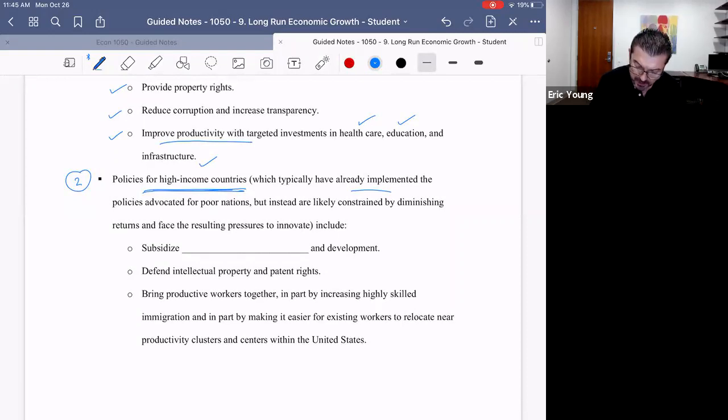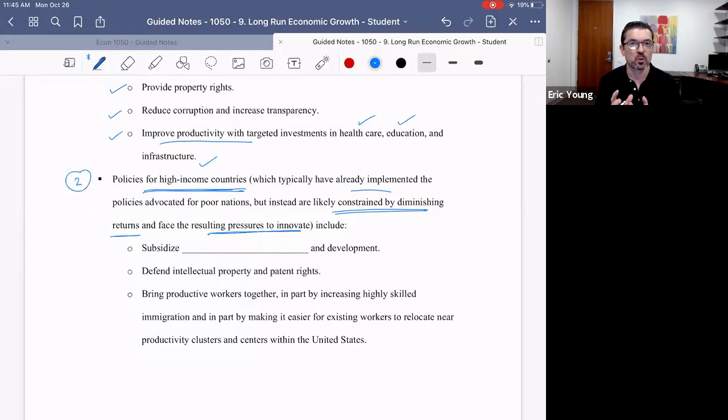So for rich countries, their primary constraint is not going to be at the catch-up level. It's going to be at the sustain level, because rich countries are likely to be constrained by diminishing returns. And therefore, they're going to have a lot of pressure to innovate, to develop the ideas that are going to boost a production function. So given that, what are some of the policies that the rich world should engage in?